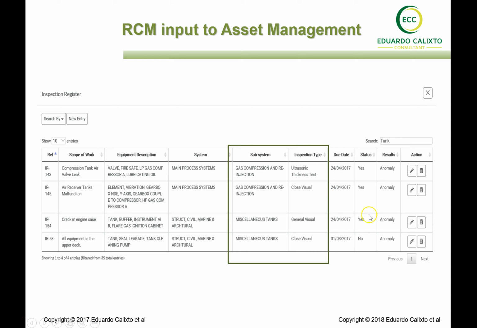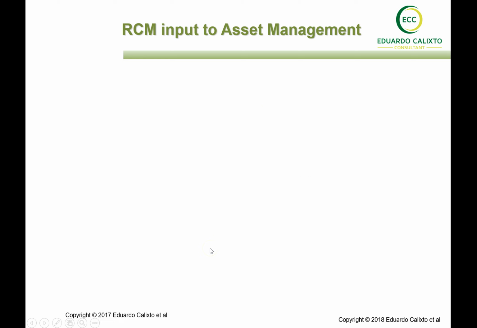And you look at the status and anomaly. That's the type of routine that the maintenance group carries out during operation, and that's a link. This link needs to be established between what was defined in RCM and what will be implemented during the operational routine.